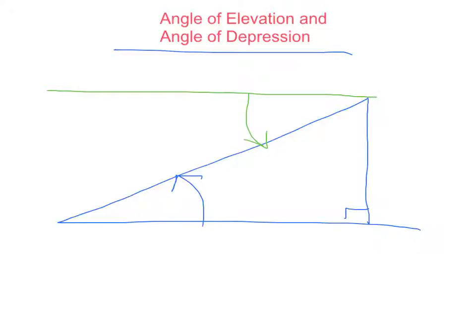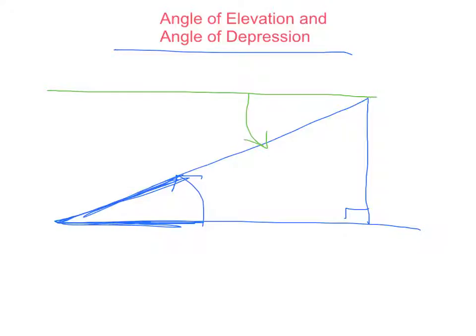If they refer to the angle of depression, just recall that it is equivalent to the angle of elevation. So we're always going to put that angle of depression down here inside the triangle so that it makes it a little bit easier for us to solve.